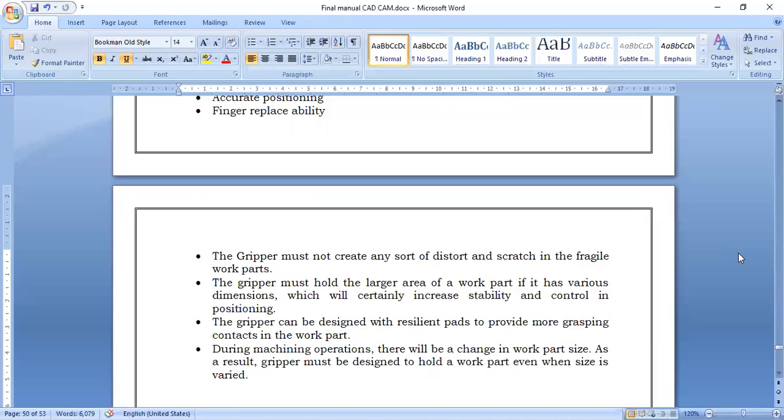Resilient pads should be provided to cushion the workpiece. During machining operations, the workpiece size will change, so the positioning of the robotic gripper should be defined according to the change in size and shape of the workpiece. These are the characteristics of robotic gripper design.